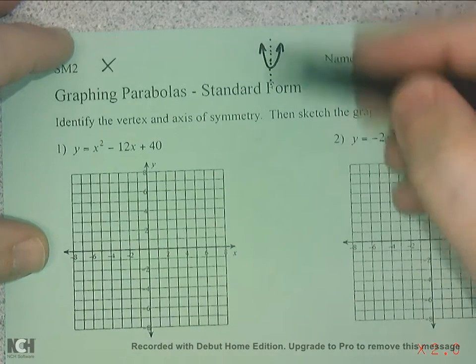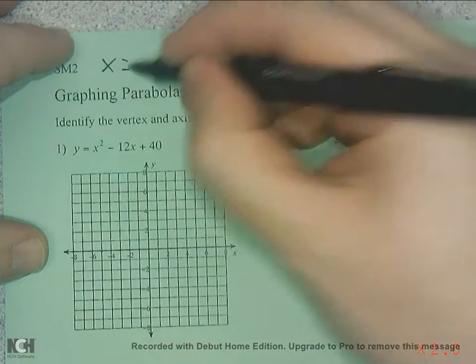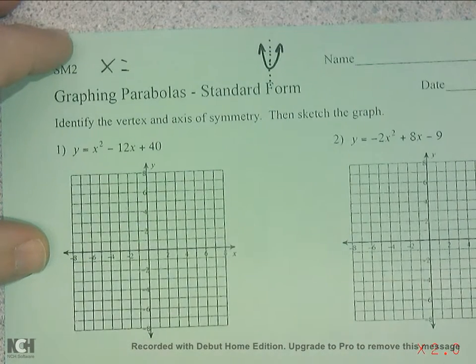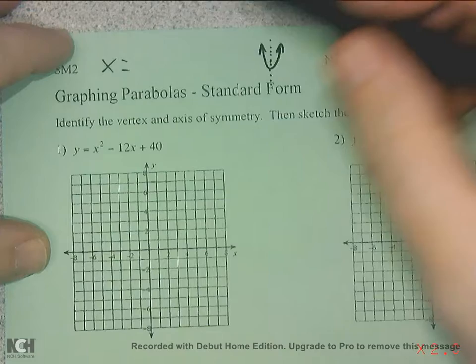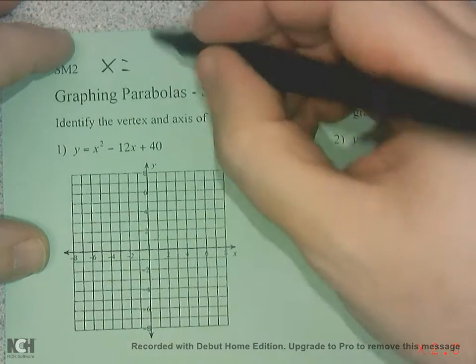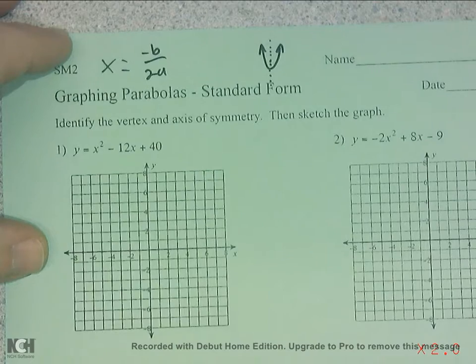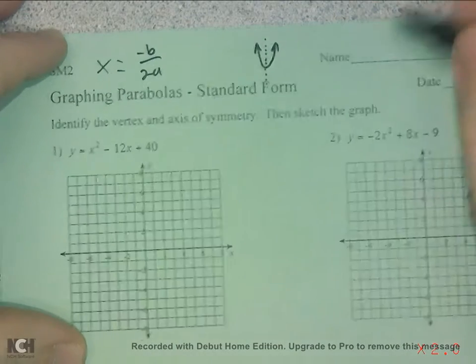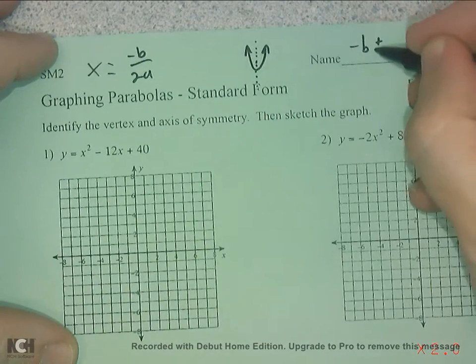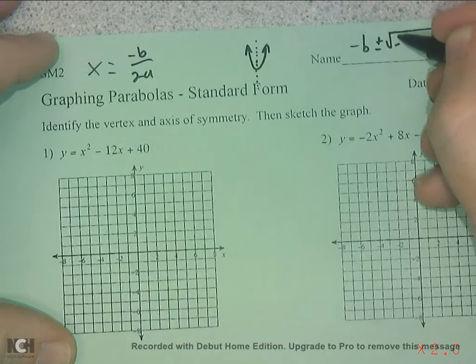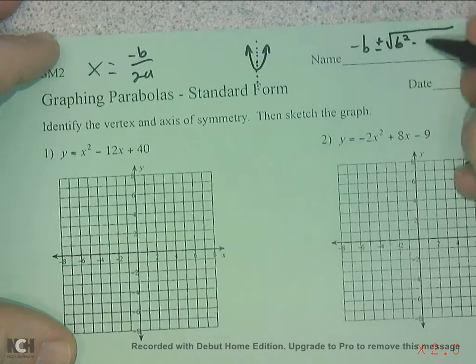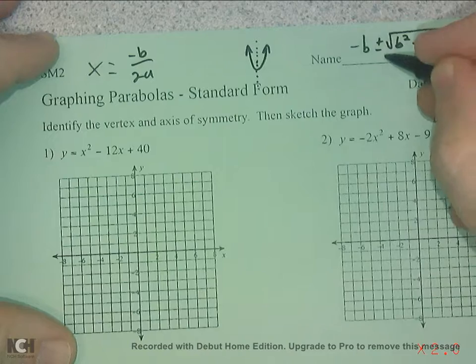So that is a vertical line, so you're going to get x equals, and then the formula for finding the axis of symmetry is negative b over 2a. Now, if you think of it, the quadratic formula was negative b plus or minus the square root of b squared minus 4ac all over 2a.